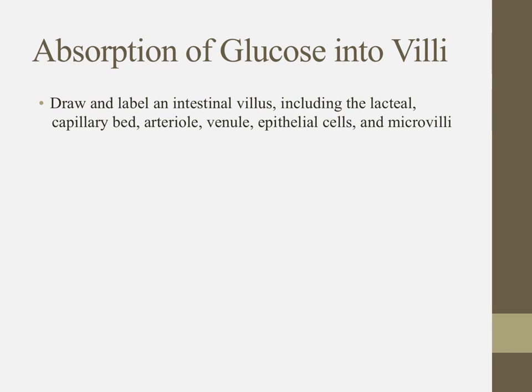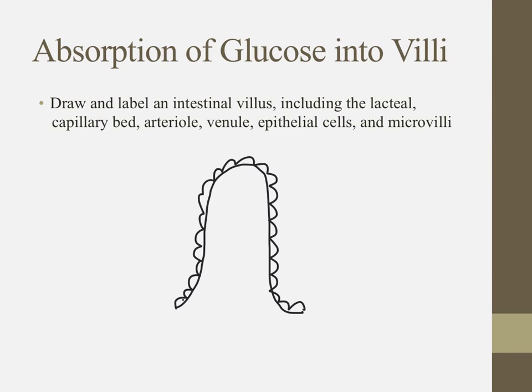Okay, so here we go. It looks like this. Here's this little fingery-shaped projection, and it is lined on the outside with a row of cells. So each one of these little lumps is a cell. Should probably make them look like cells.